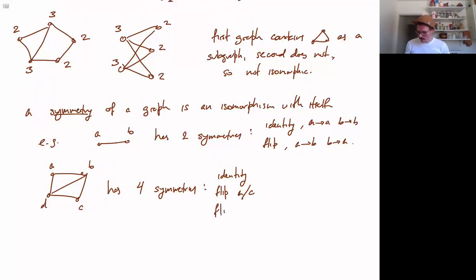We can flip B and D, which is flipping across this line of symmetry. And we can flip A with C and B with D, which actually amounts to just a 180-degree rotation. And these are all of the 4 symmetries of this graph.